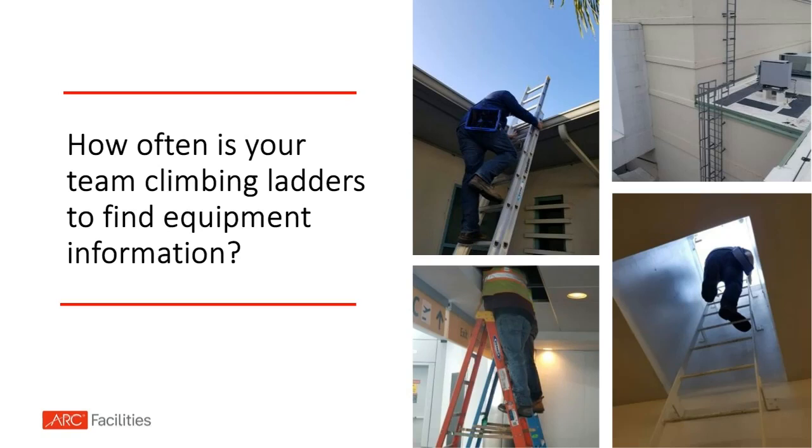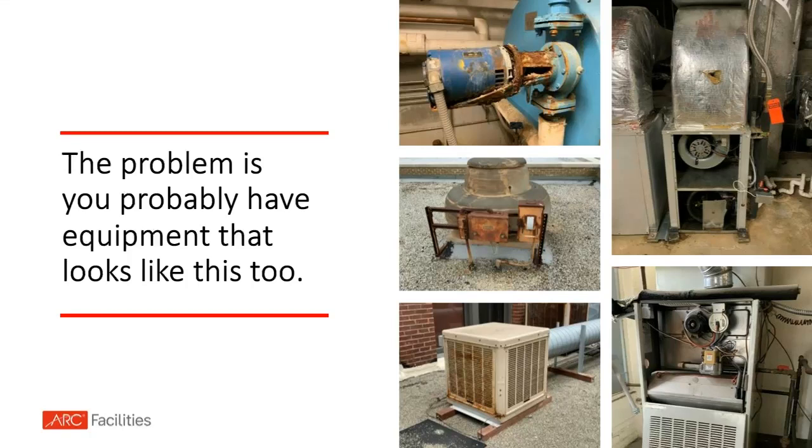It's a time suck. But the other challenge is, again, these are some of those zombie and ghost assets that you see out there. They're out there. We've all got them. We've all seen them. They're units that are held together by duct tape. I think that pump that you see in the upper left there, I think the only thing that's holding that thing together is the rust.